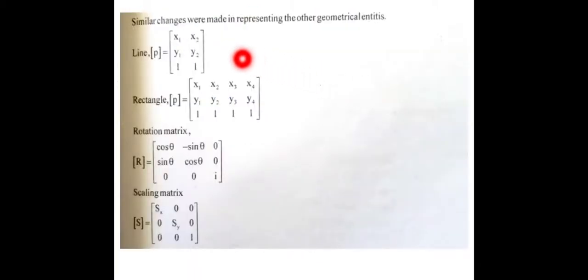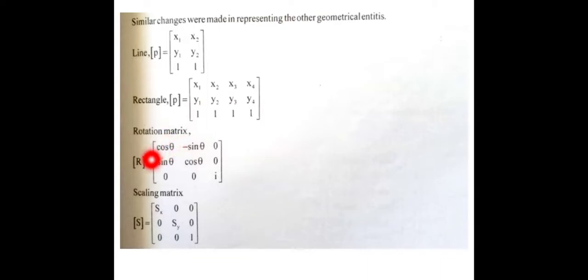Similar changes are made in representing the other geometrical entities, that is for a line it is x1 y1 and x2 y2 initially. Now 1 and 1 is added, and for a rectangle it will be x1 y1, x2 y2, x3 y3, x4 y4, and finally in the third row we have 1 1 1.